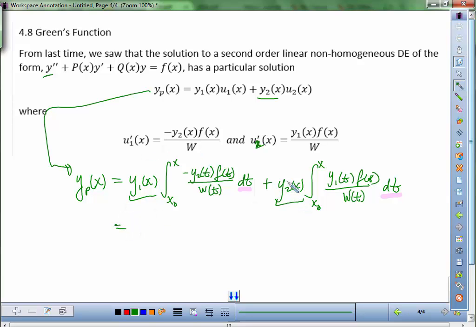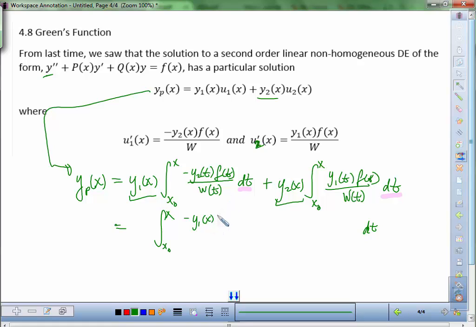And by doing that, we really then just have one big integral. Right? So I'm going to put this constant in. The first one, I'm going to have a negative y1 of x.